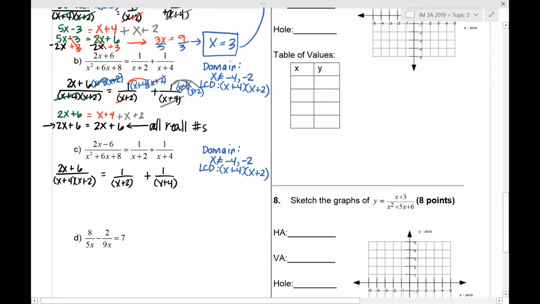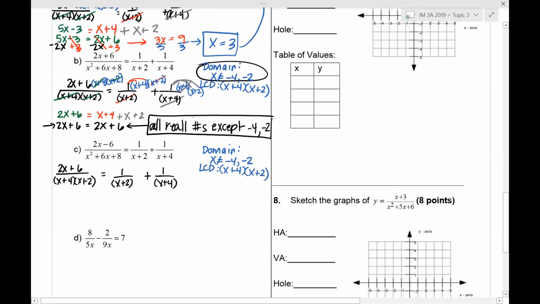However, remember that in our domain, we are restricted for x. So that means that the answer is all real numbers except -4 and -2. Okay, so this one, I got the same result on both sides of the equation. So 2x plus 6 is going to equal 2x plus 6 no matter what, because it's literally the same on each side.